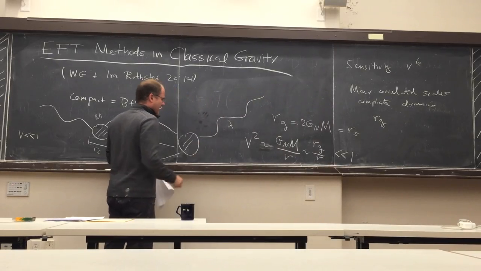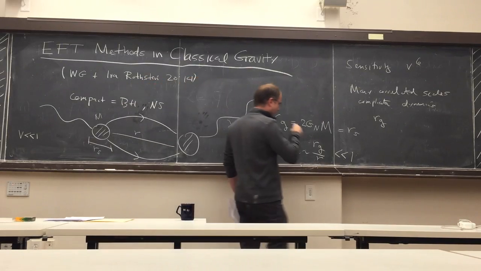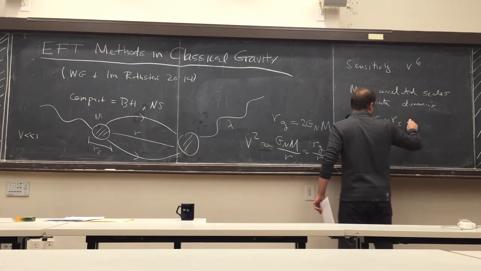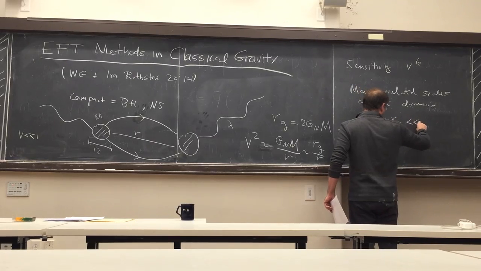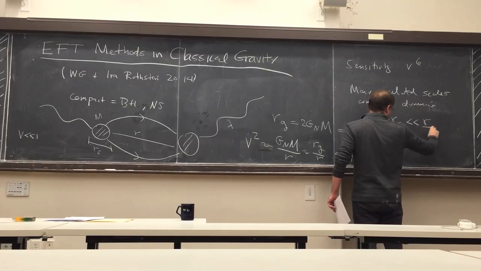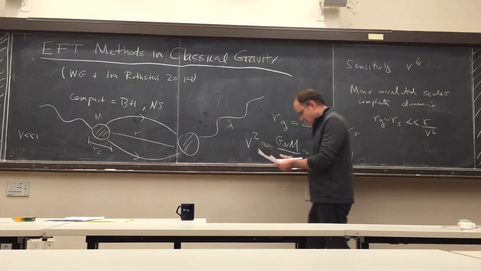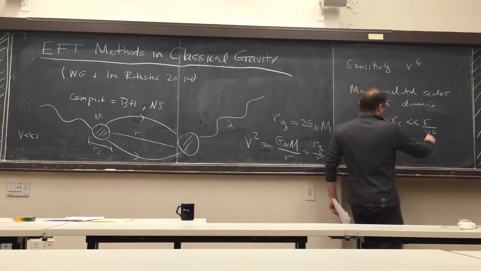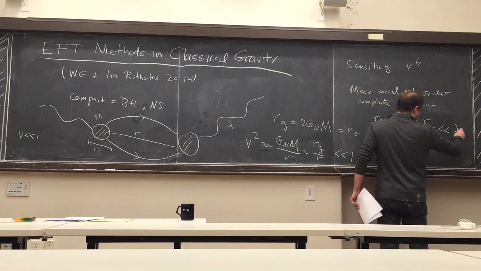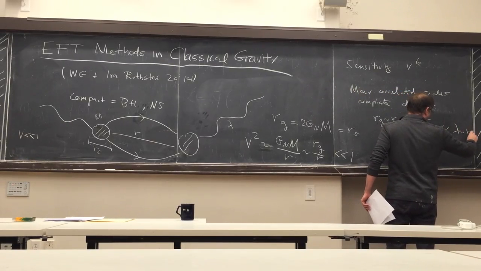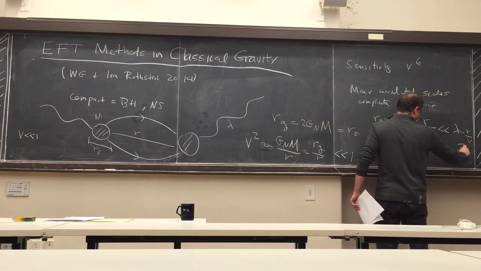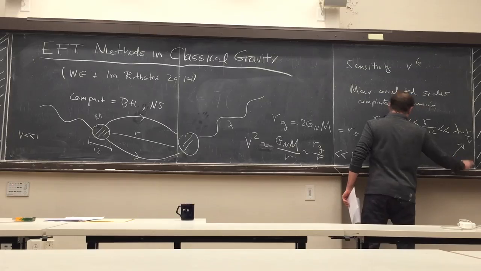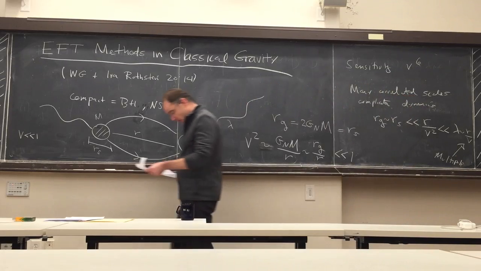Actually, if we're dealing with anything, the smallest scale is the gravitational radius, which is the same as the size of the object. It is suppressed relative to the orbital scale by 2 powers of velocity. And that itself is suppressed relative to the wavelength, which scales like the orbital scale divided by velocity. That just follows from the multipole expansion, familiar, for example, from electrodynamics.